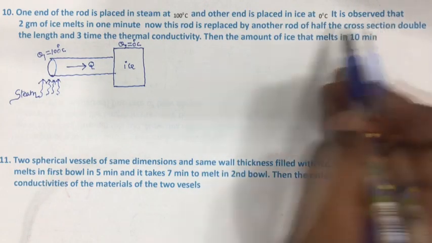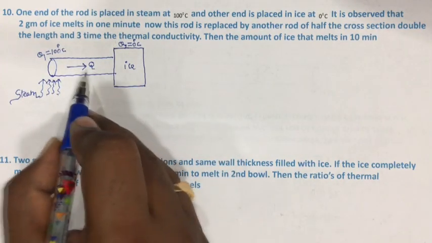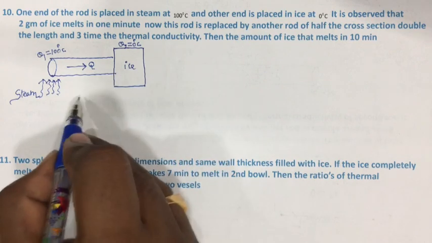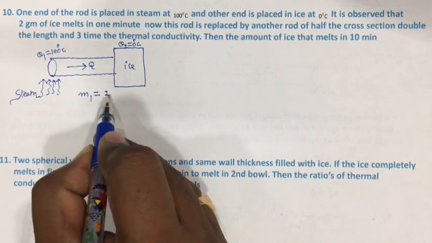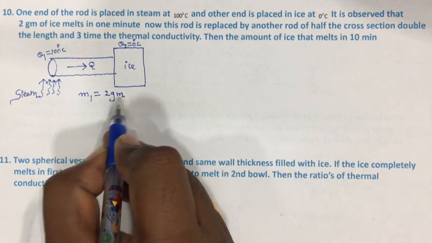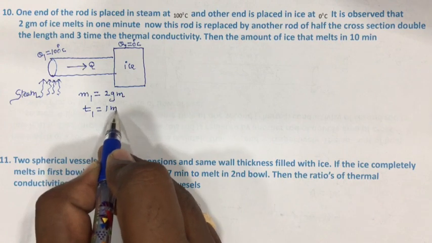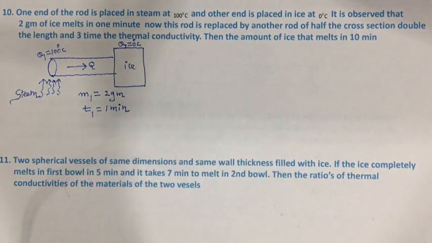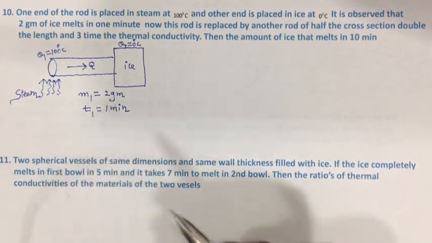It is observed that 2 grams of ice melts in 1 minute. అంటే 1 minute heat flow అయితే 2 grams ice melt అయింది. So mass of ice melted is 2 grams, in 1 minute.